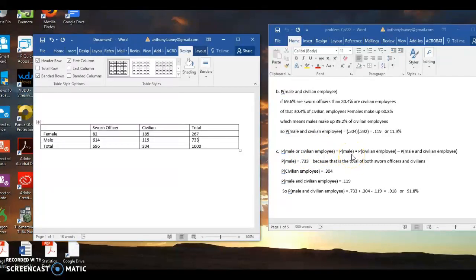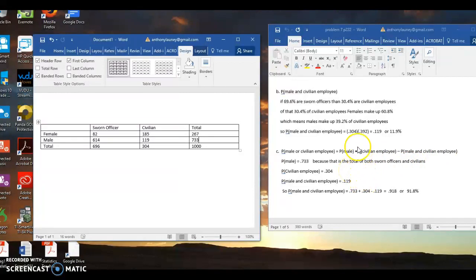Okay, probability that male or a civilian employee. Because they're not mutually exclusive, we're going to use the rule that we gave for not mutually exclusive. We're going to say the probability of a male plus the probability of a civilian employee minus the probability of a male and civilian employee.